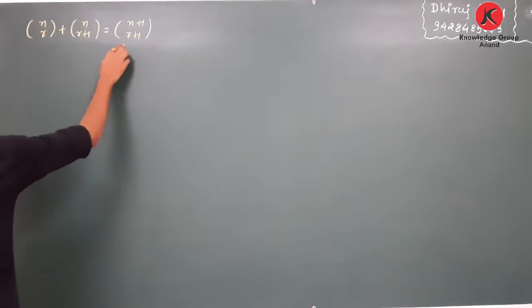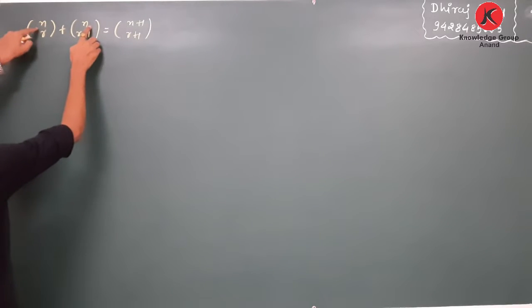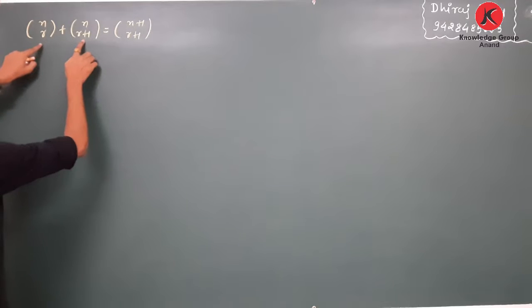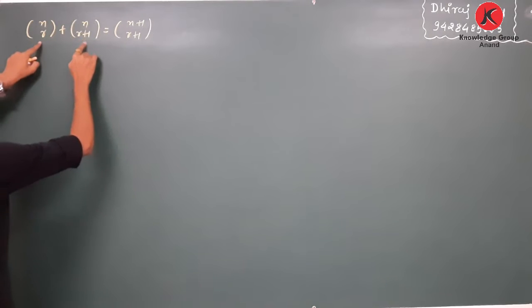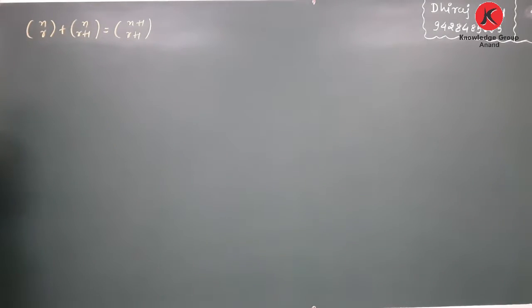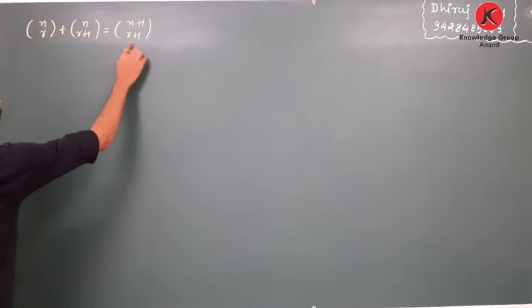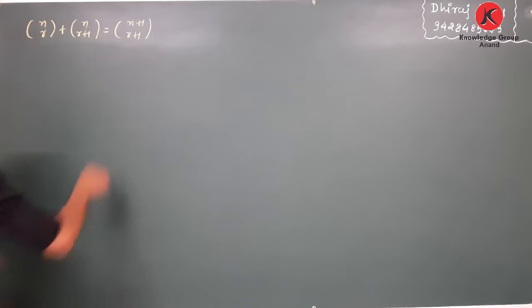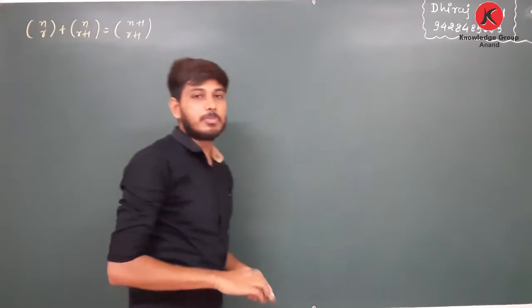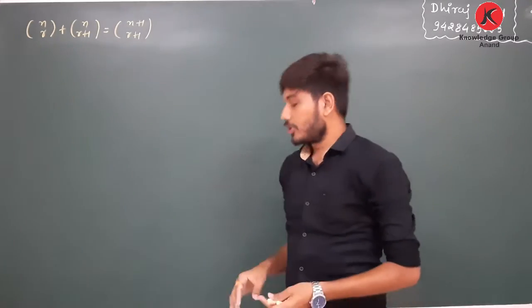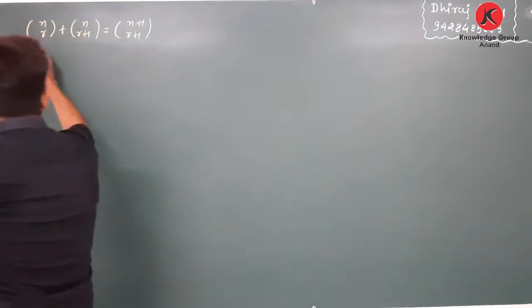Then we can write the answer: N increased by 1, and the greater R. Which one is the greater R? R plus 1 is our greater term, therefore we have to write the greater term here. N increased by 1 and greater R, that means N plus 1 C R plus 1 is your answer.